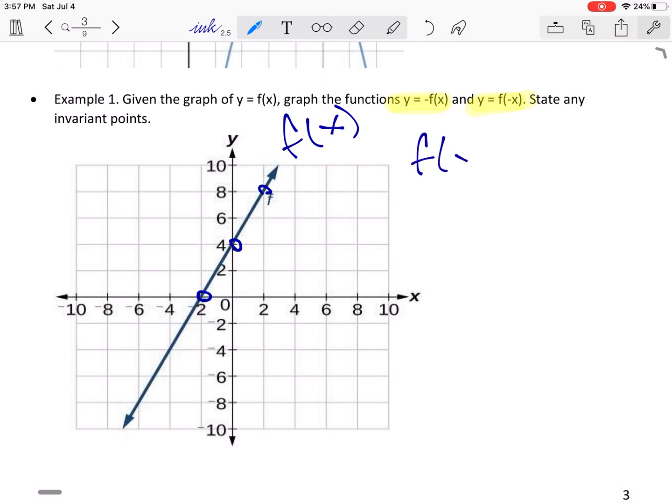So let's call this f(x), and the three coordinates I've got are (2, 8), (0, 4), and (-2, 0).